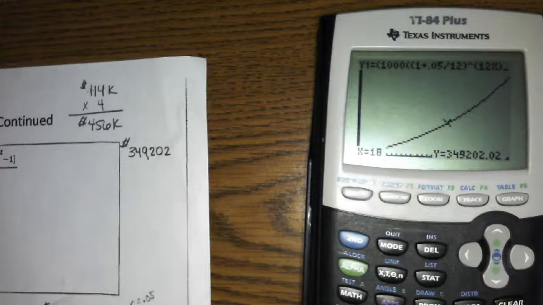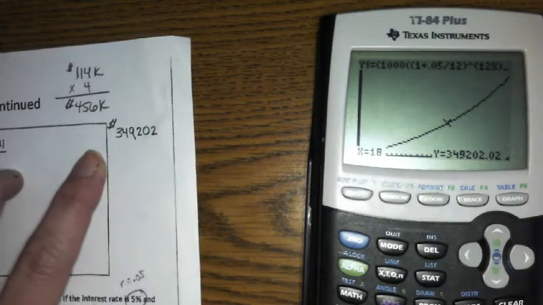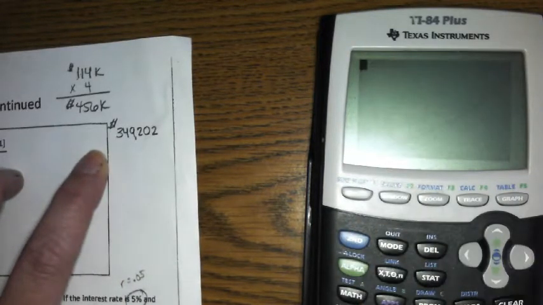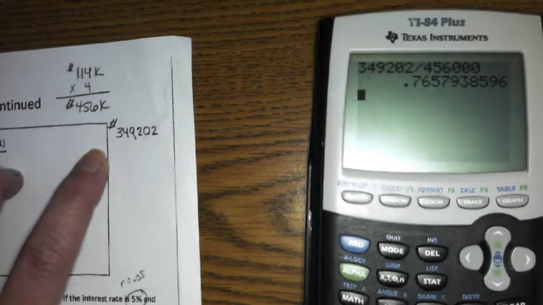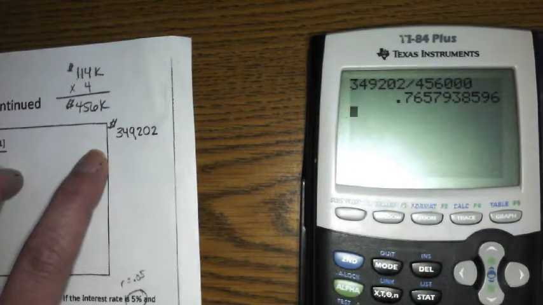And they did all these computations, and no. They told me it would cover about 70%. So now I'm curious. Are you confident that your kids are... Hold on, 349,202 out of 456,000, 77%. So saving $1,000 a month for 18 years.